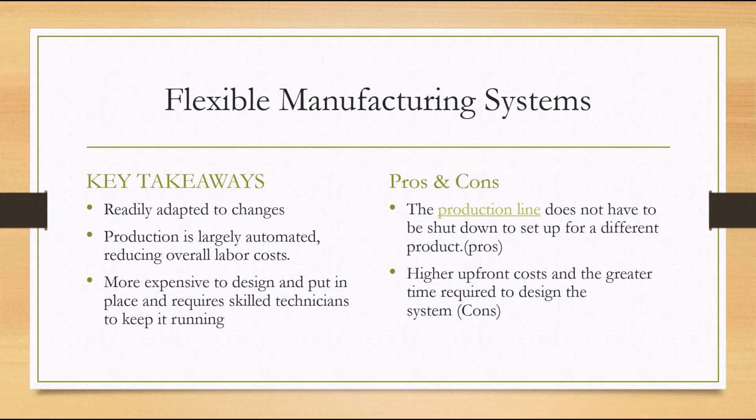A flexible manufacturing system is, however, more expensive to design and put in place, and requires skilled technicians to keep it running. If we see the pros, the production line does not have to be shut down to set up for a different product. If we see the cons, the high upfront cost and a greater time required to design the system.